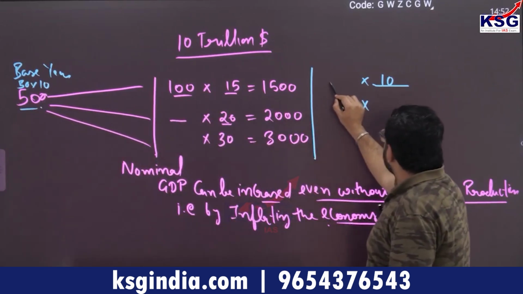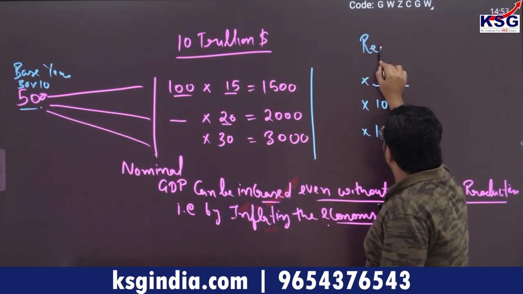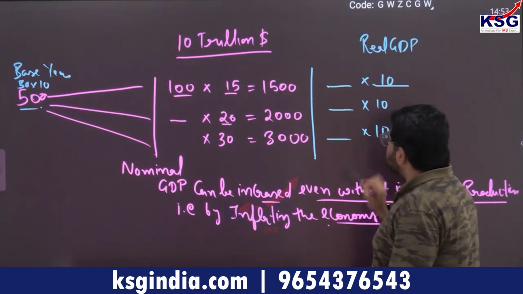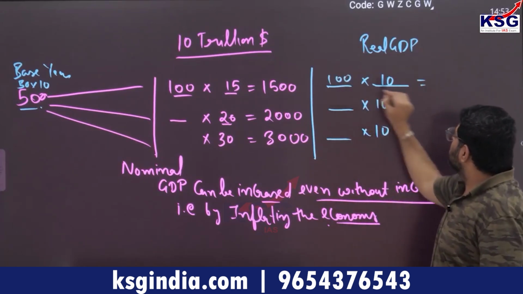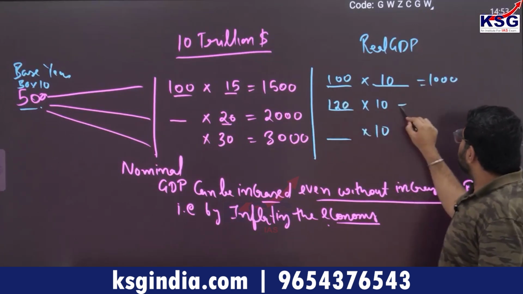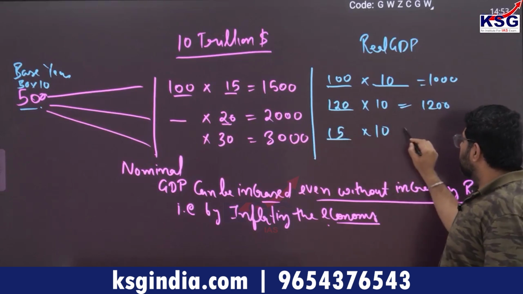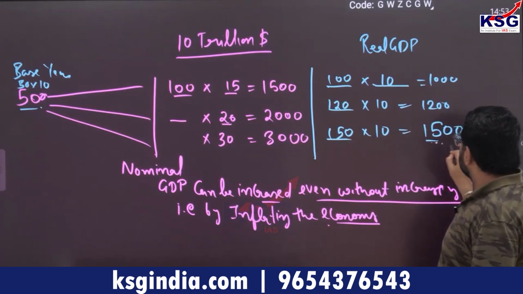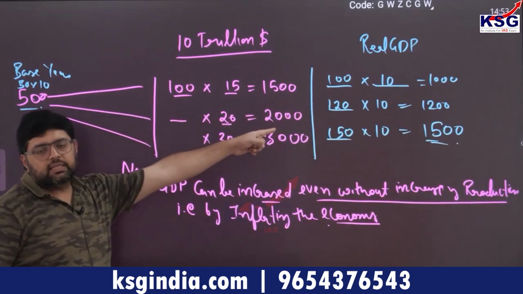So in real GDP, whenever you increase the production, only then will your GDP increase. If it is 100, it means 1000. If it is 120, it means 1200. If it is 150, sorry, then it is 1500. Then only you will compare and say yes, there is an increase in production.